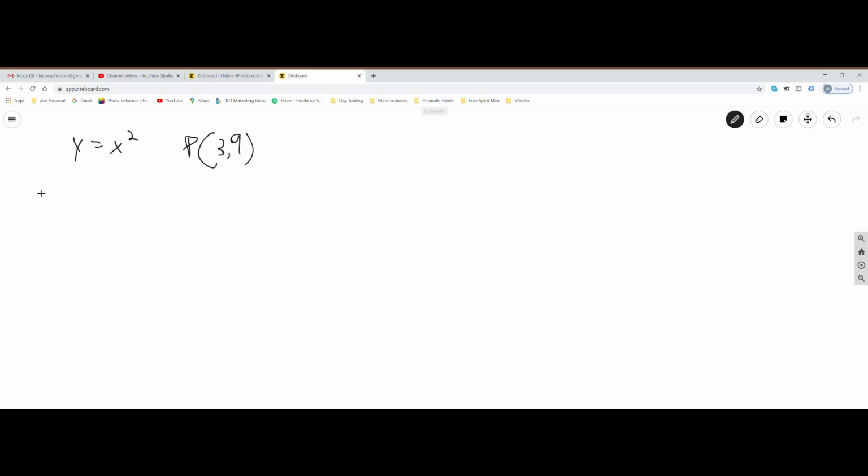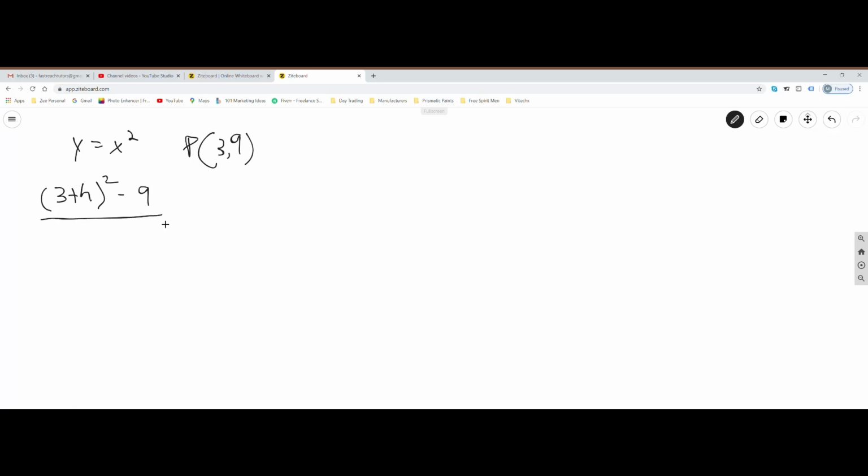So what you do is, the equation is x squared, and the x point is 3. So you take (3 plus h) squared, and this is a positive number, so minus 9. If it was a negative number, it would be plus whatever number.